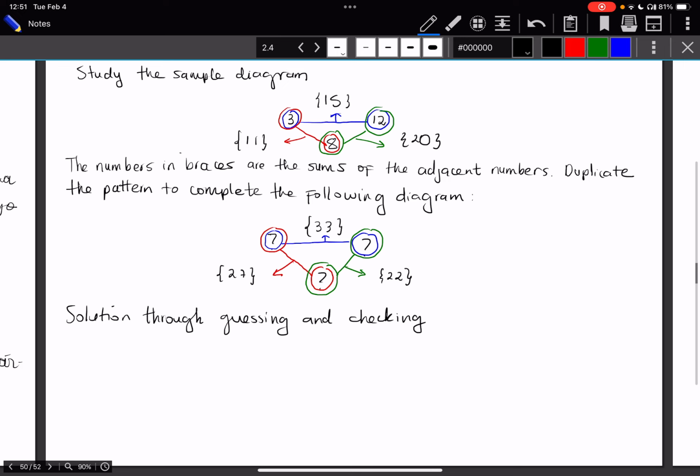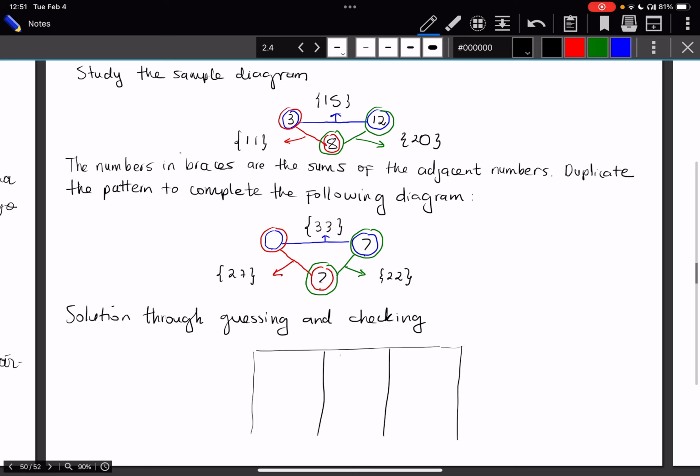Now, because there are 3 unknowns here, we're going to write a table that has 3 columns. So let's draw this table with 3 columns. And there are 3 unknowns.